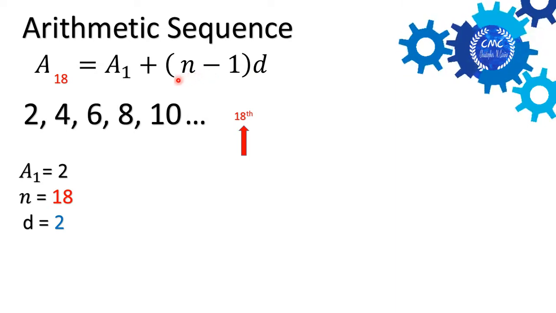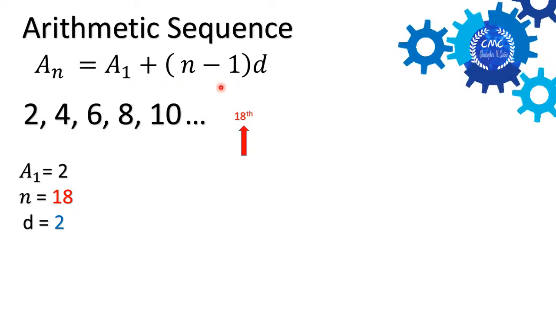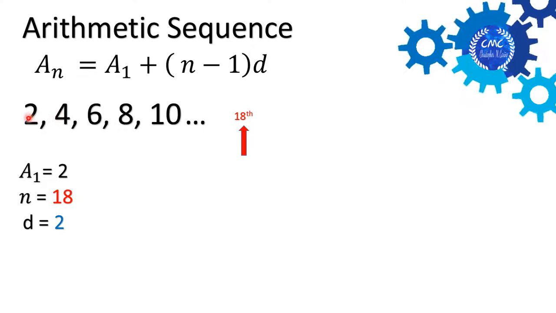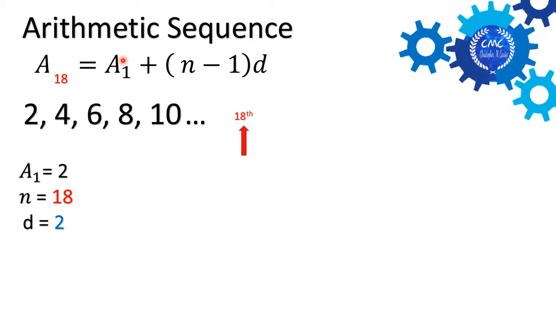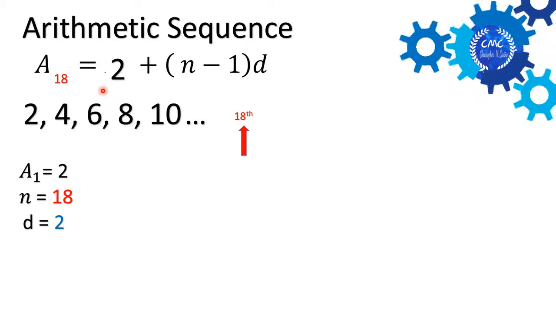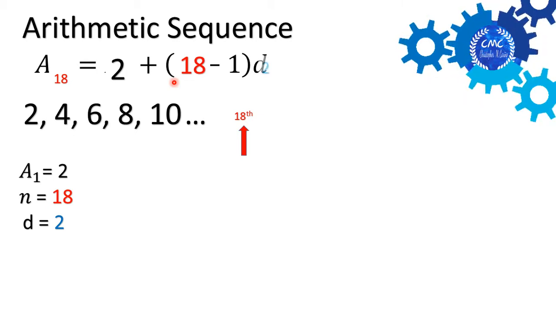The n right here is what we're looking for, and in this problem, what we're looking for is the 18th term. So replacing in our formula, we have a sub 18, which is the 18th term, equal to a sub 1, which is 2, plus the quantity 18 minus 1 times the common difference, which is 2.